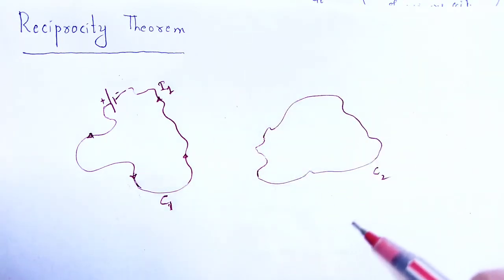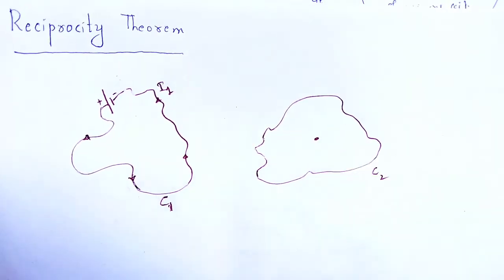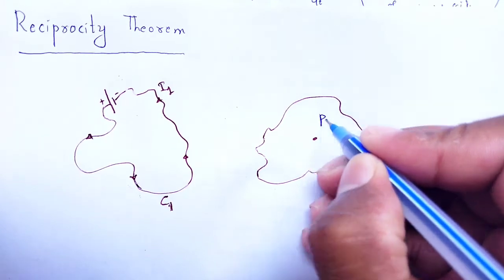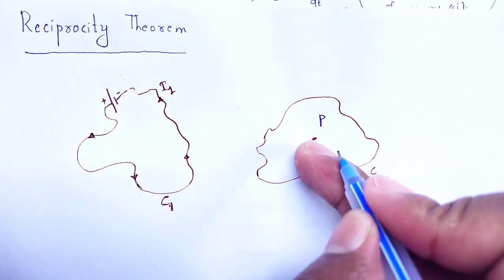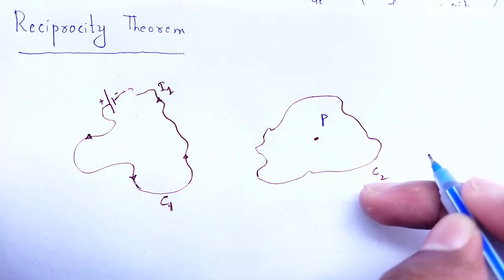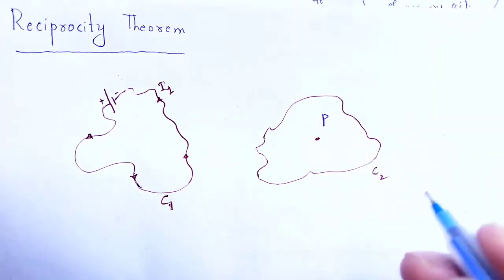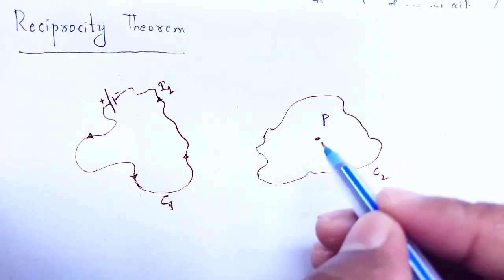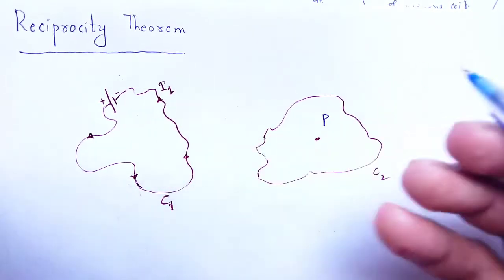Now we consider a point P at any point in the circuit C2. Let R1 be the position vector of that point P away from the current element.